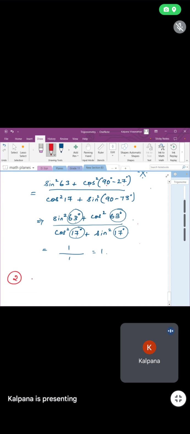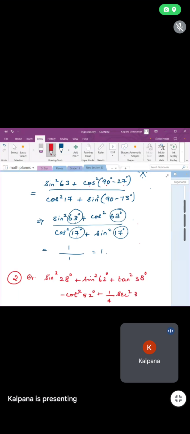Without using trigonometric tables, evaluate sine square 28 degree plus sine square 62 degree plus tan square 38 degree minus cot square 52 degree plus 1 by 4 secant square 30.